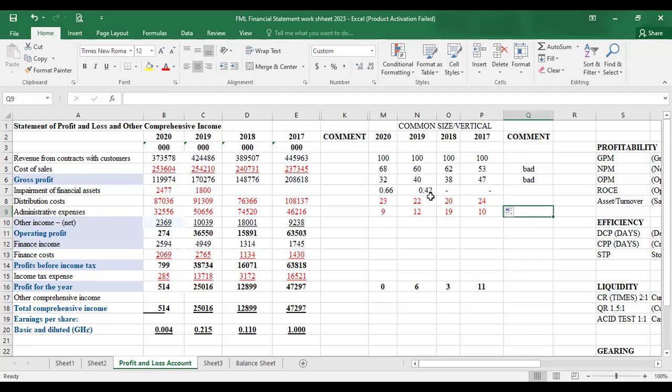So that is how you interpret the items line by line when you do a common size analysis. When you compute for each year, you can, depending on the situation, look at the values over the years and make your judgment, or depending on the nature of the item, you conclude that it is bad or good. Basically, this is common size analysis.